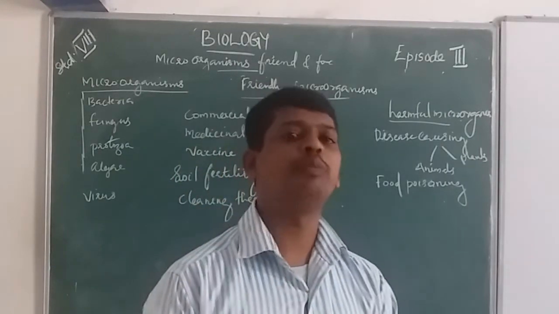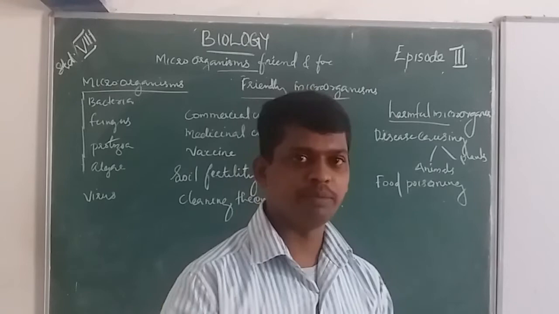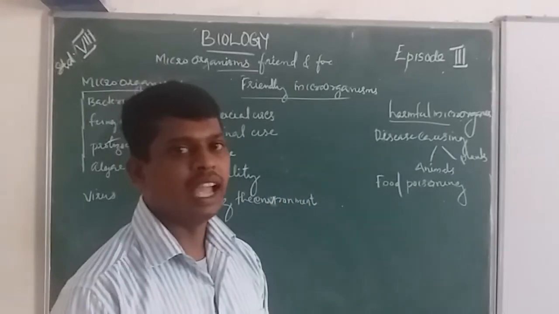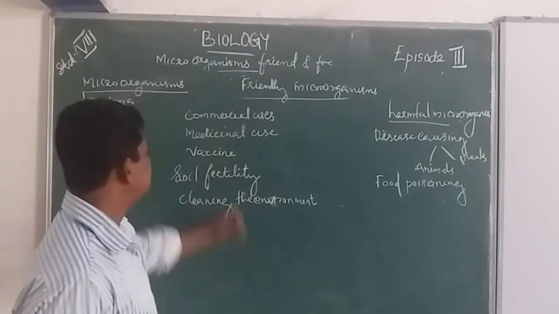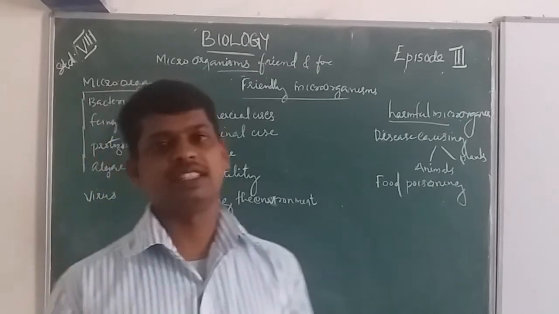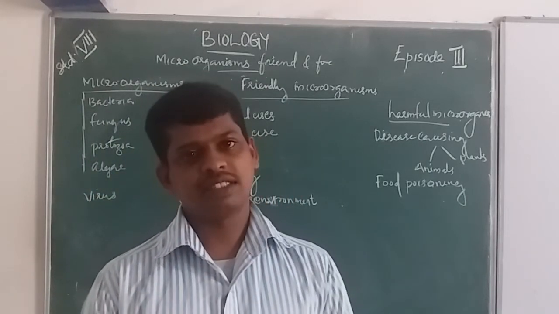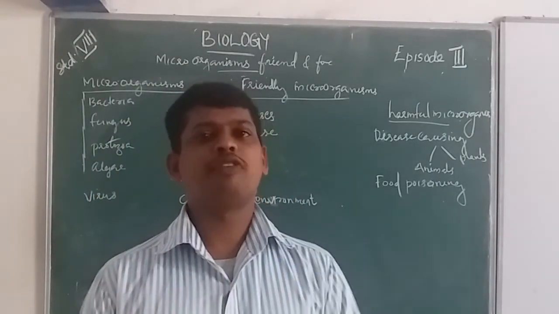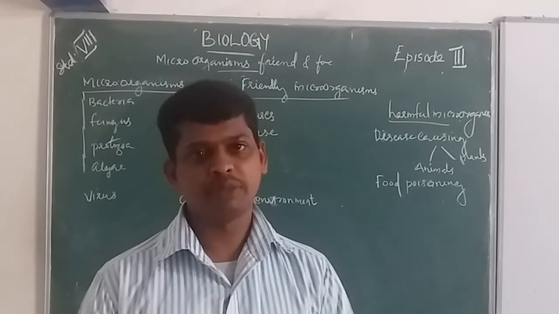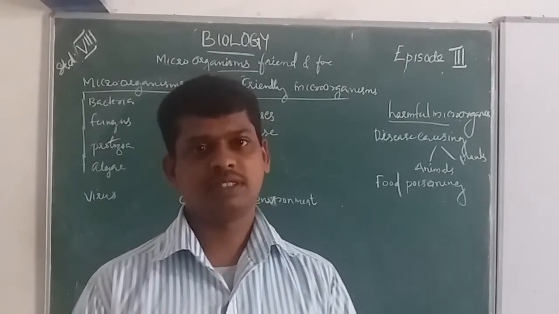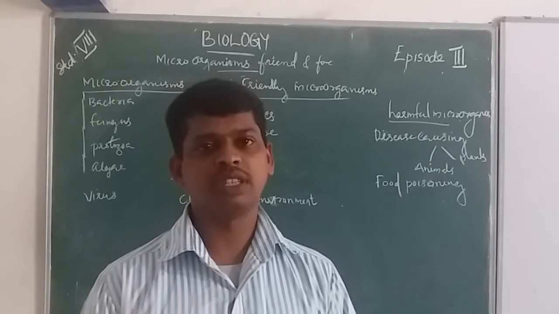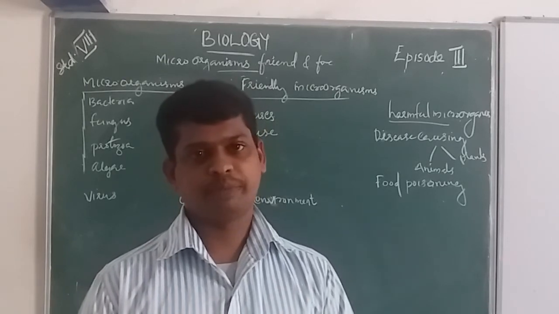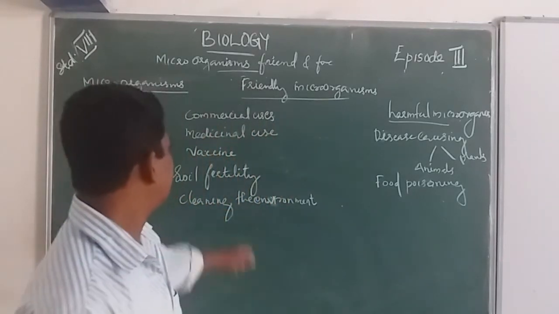With the help of these microorganisms, bacteria. And next is medicines. Some types of antibiotics are prepared from microorganisms. Some bacteria are used for antibiotics. And the third one is vaccines.